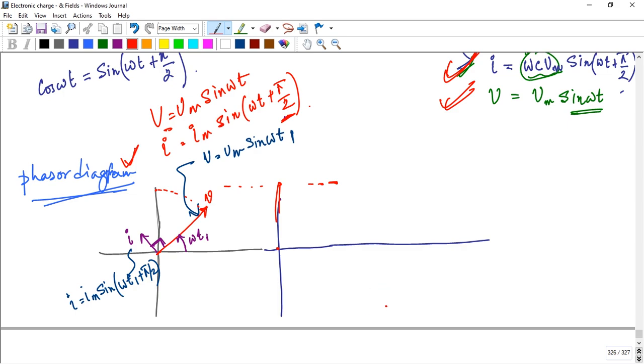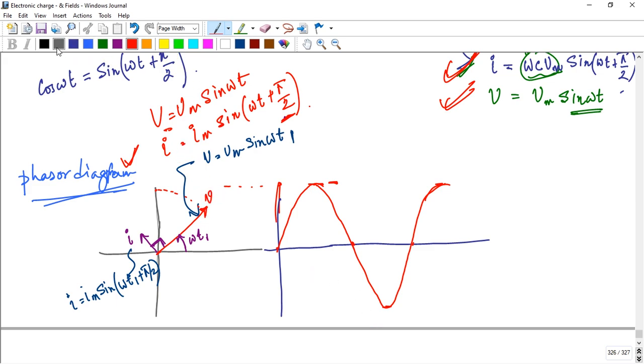Suppose here is down, here is max. So the diagram looks like this. That's the voltage phasor.